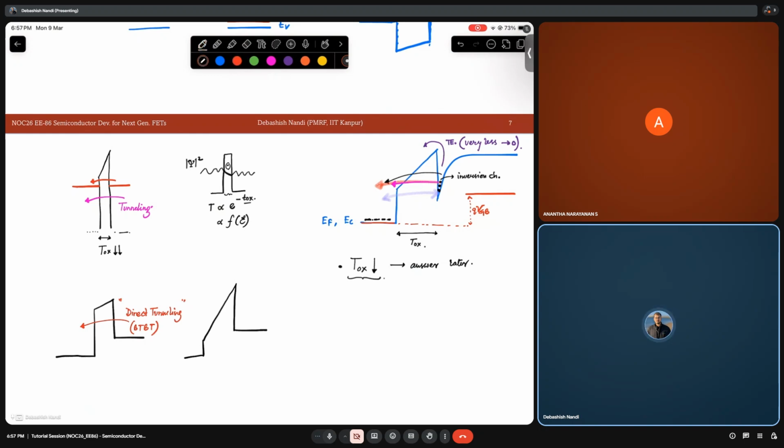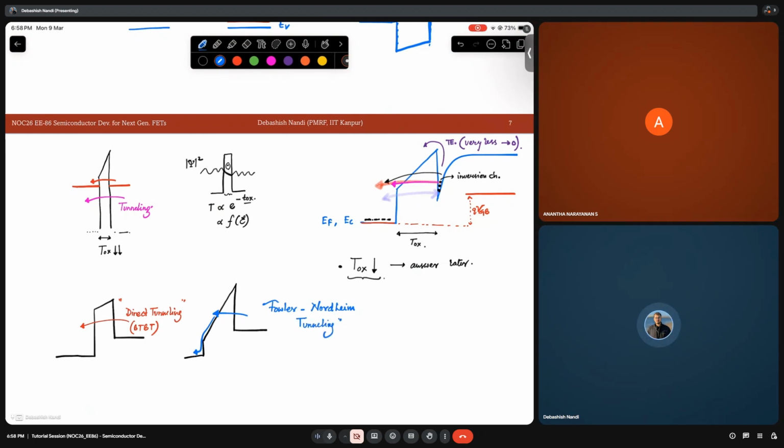There is another way the carriers can tunnel: like this, and then come down here, and then right down the hill. This kind of tunneling is called Fowler-Nordheim tunneling. What is the difference?